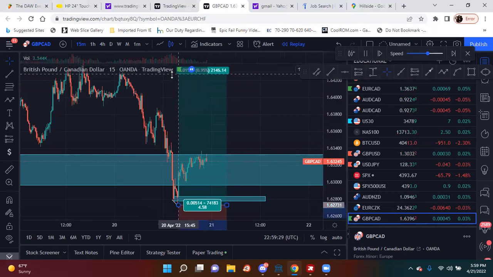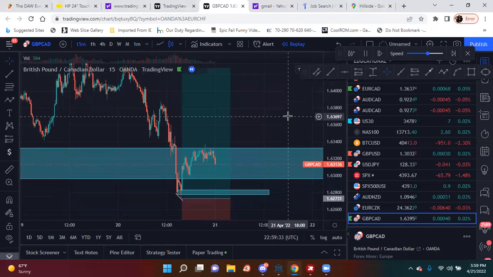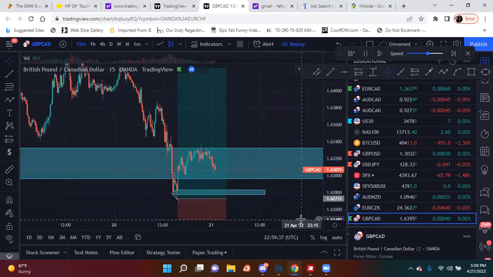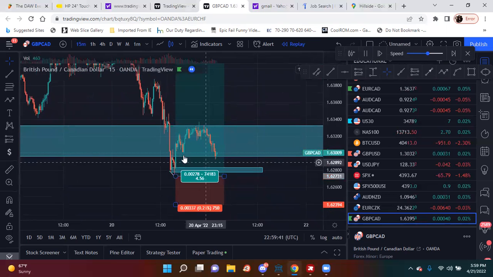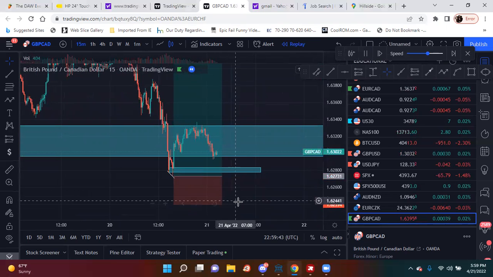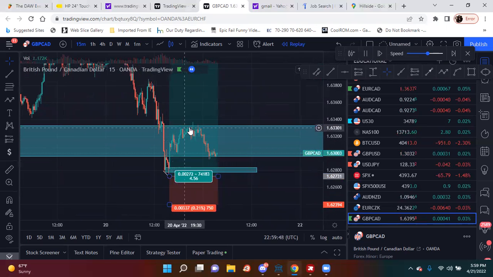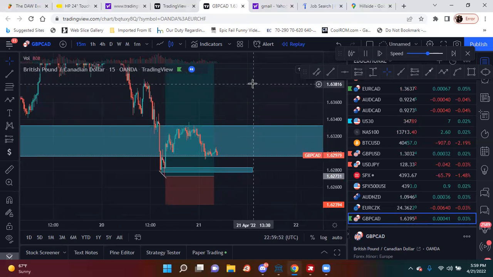Oh my God, I'm actually tripping. So I know it's gonna come and fill that in. I ain't tripping off that. At this point, I'm like, it's gonna come touch here, probably fill that whole wick in. See, the market always fills itself in before it wants to go somewhere. Always.